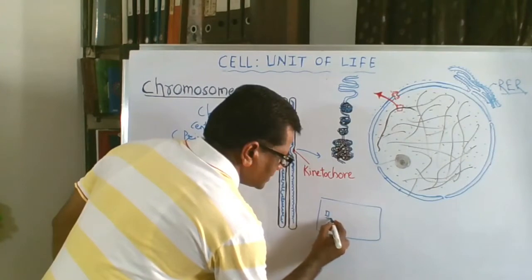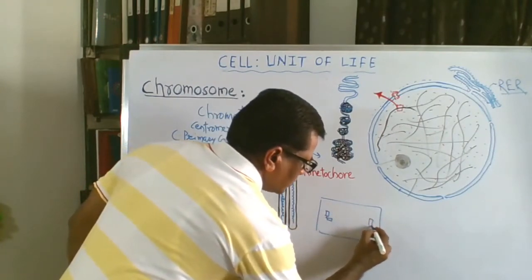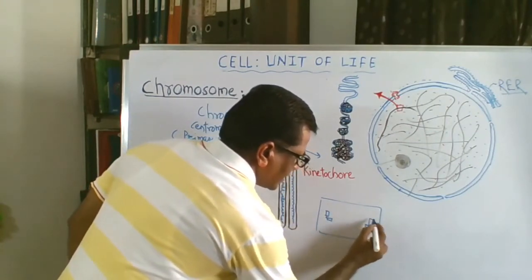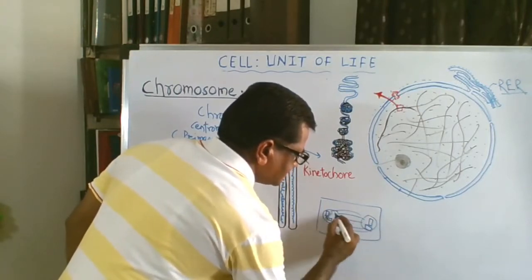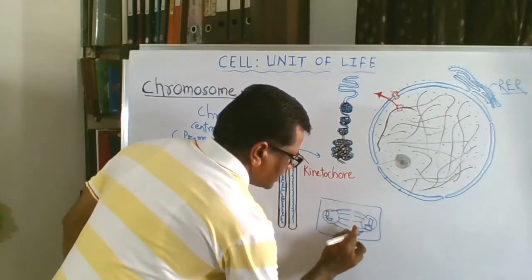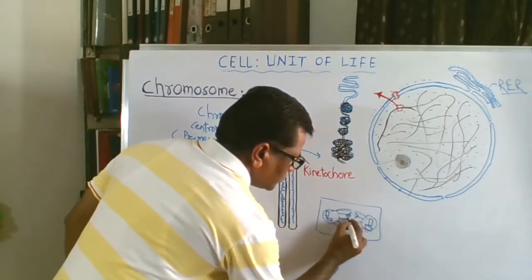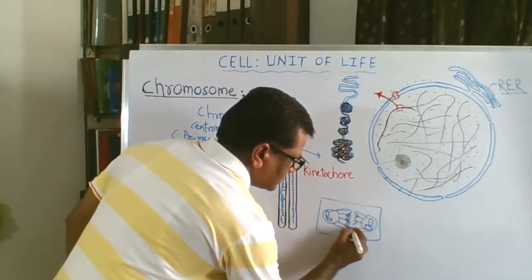Yes, we have discussed that this is the centrosome, and this centrosome forms the spindle fibers like this, and at the time of cell division the chromosomes are like this.